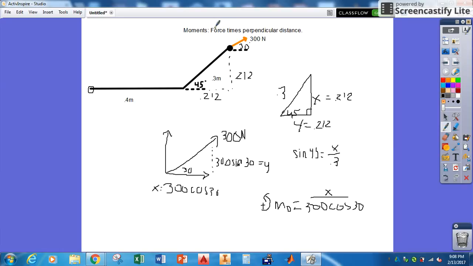Now we need to know if this x is going positive or negative. If we pull this way on the x, it's going to go like this and around, like that. We know that is clockwise, so therefore this needs to be negative.